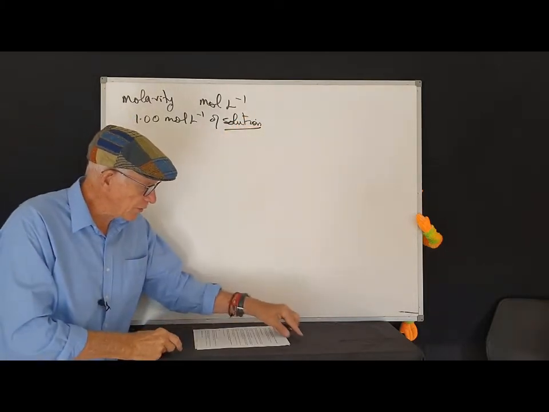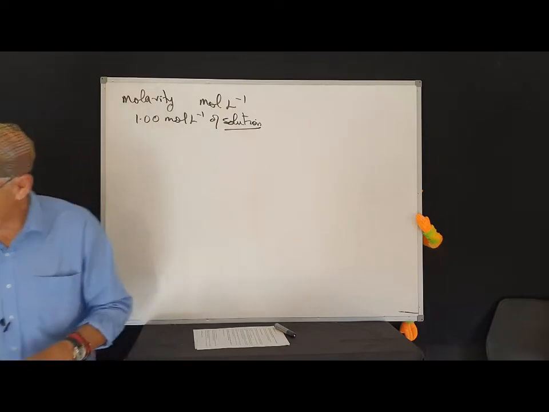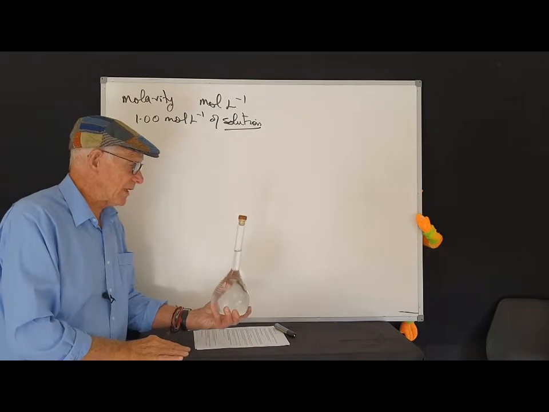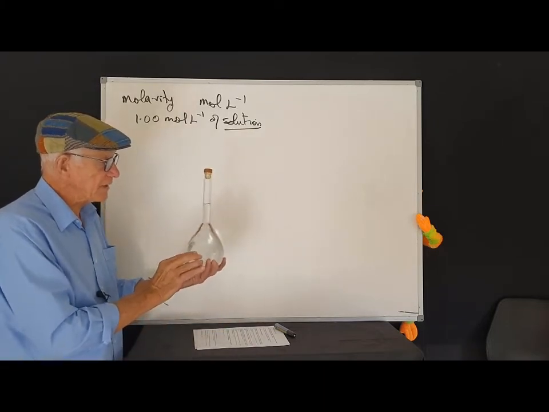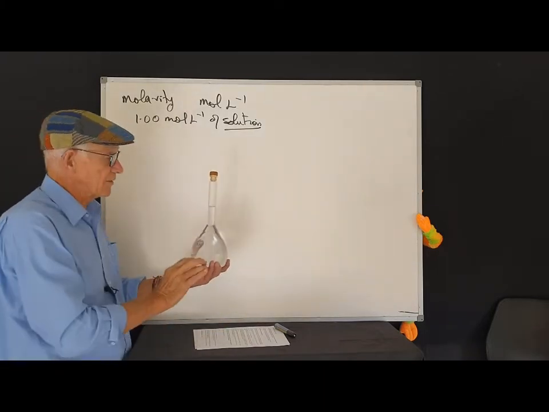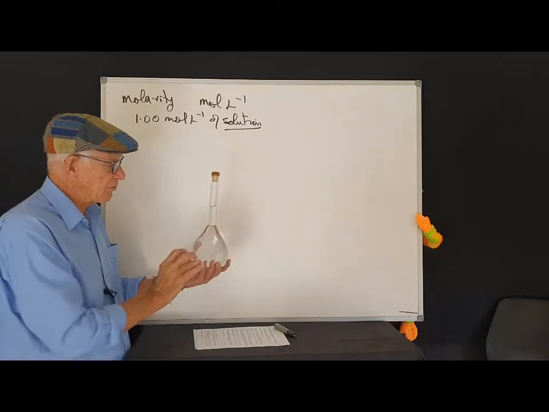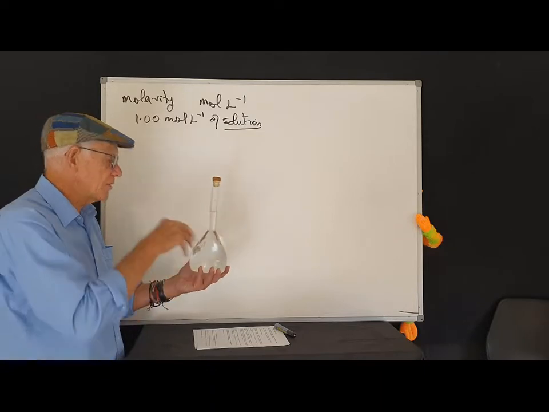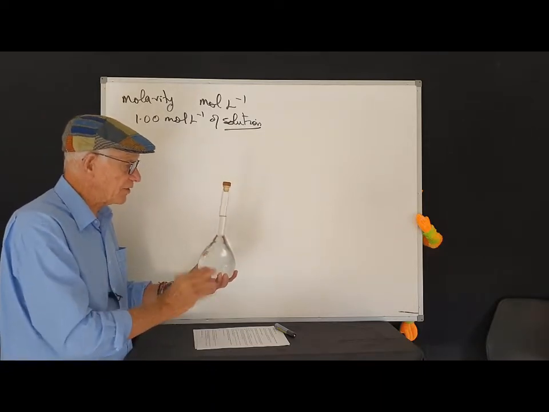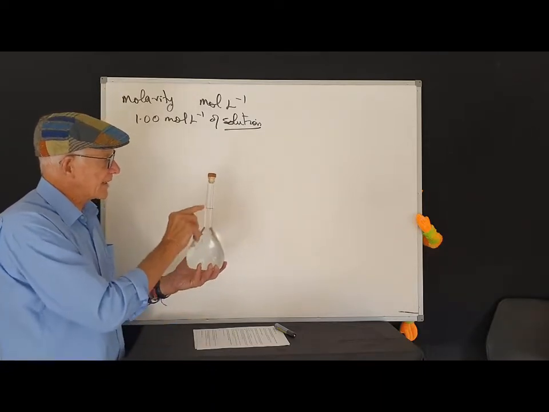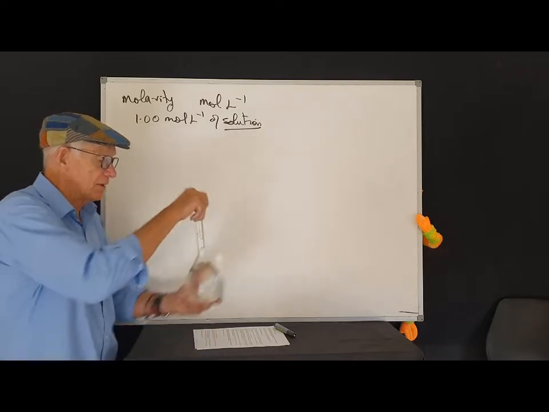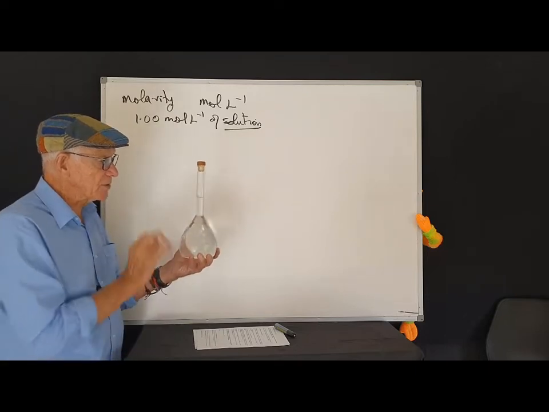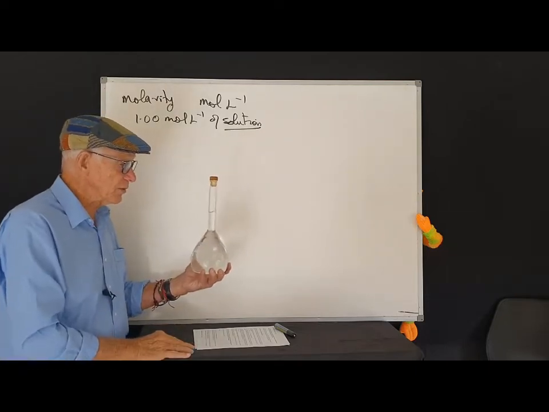So, for example, when you're making a solution like this, and I have here, in fact, it does turn out to be 1 litre of solution, I might have made this 1 mole per litre solution, 1 litre of it, by dissolving 1 mole of sucrose into some water, shake it up, stir it till it's all dissolved, as you've done in the lab, take it up to near the mark, mix it up, and then bring it up to the mark, and we should have 1.00 moles per litre.